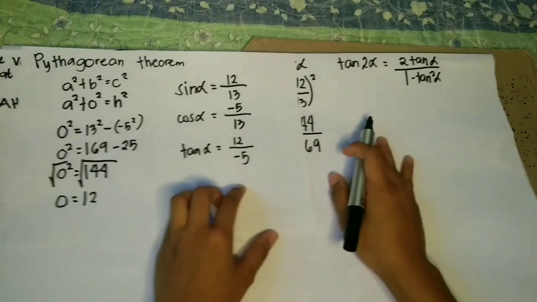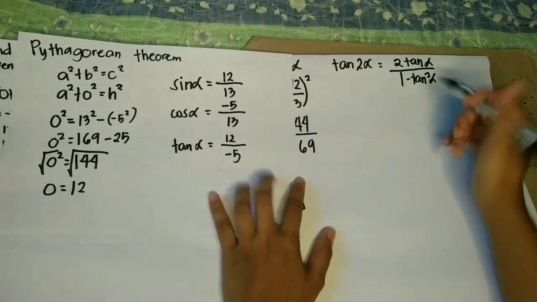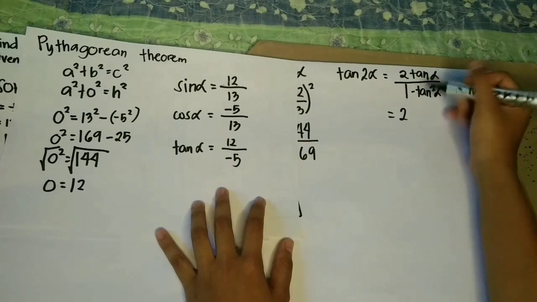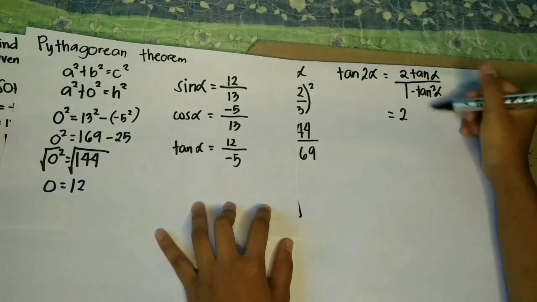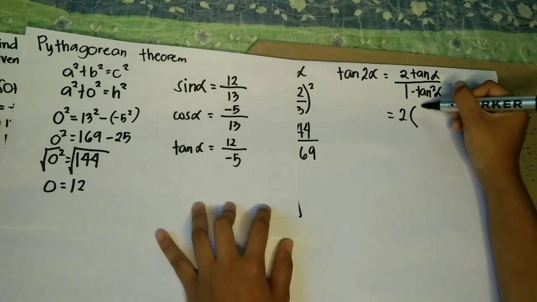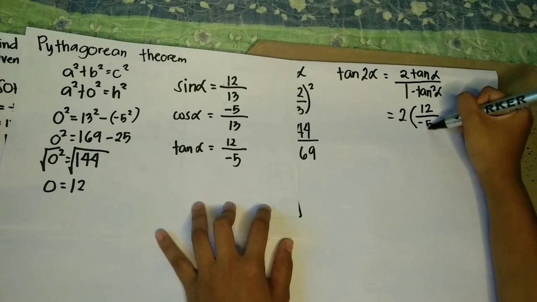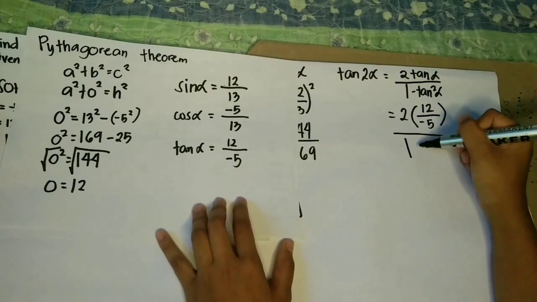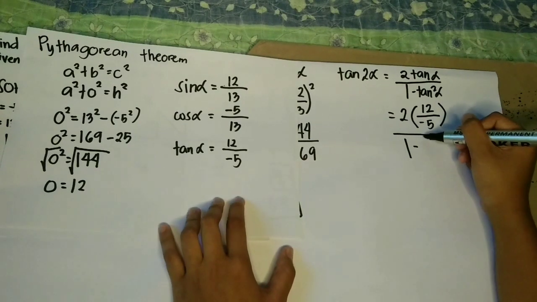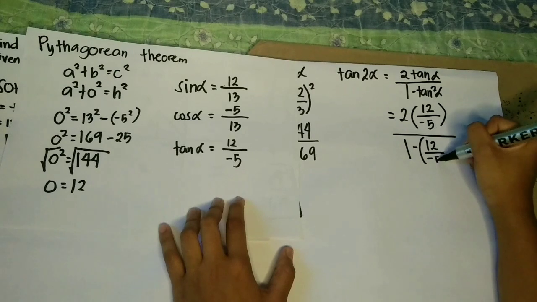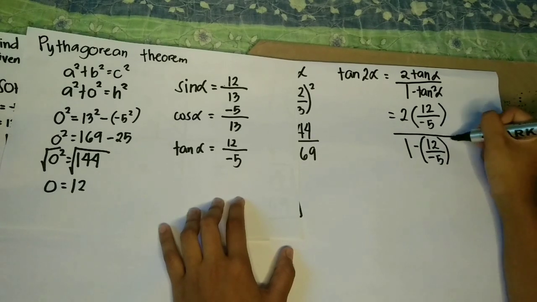So for the tangent, you need to copy the 2, and the tangent alpha here is 12 over negative 5. So copy, substitute. So 2 times 12 over negative 5, then over 1 minus the tangent alpha, which is 12 over negative 5, squared.